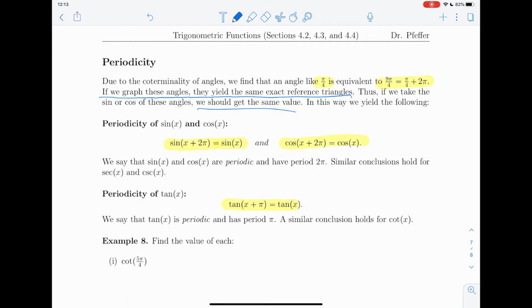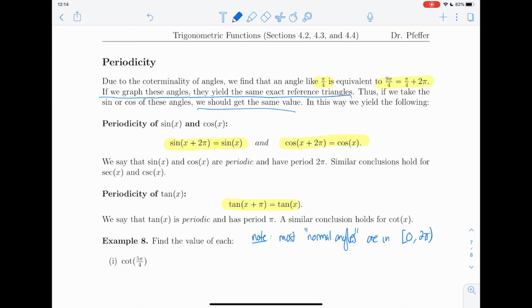What do I mean by reality? Note, most normal angles are somewhere between 0 to 2 pi. 0 to 2 pi, these are sort of the standard angles that we're working with.